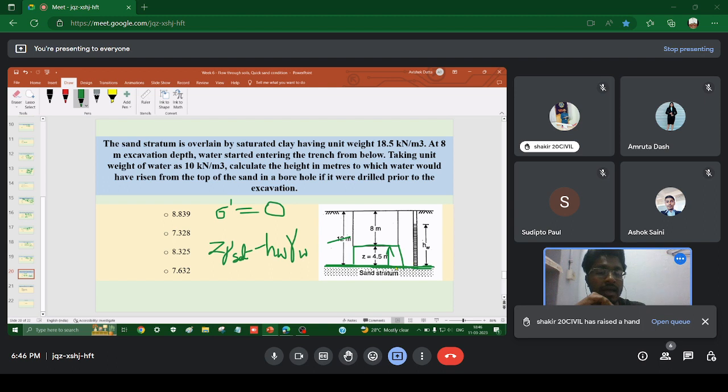So this is the pore pressure at the interface of the sand and clay stratum. Since we are considering the interface, we consider the total pressure of the clay layer exerted on the sand layer, because the clay is saturated. Hence Z gamma sat minus HW gamma W is the effective pressure. Now this is equal to 0. Hence HW equals Z gamma sat divided by gamma W.